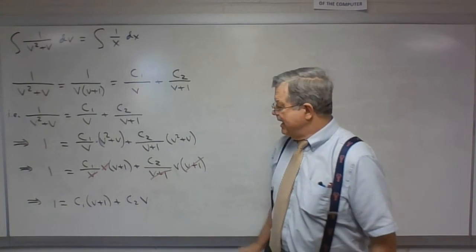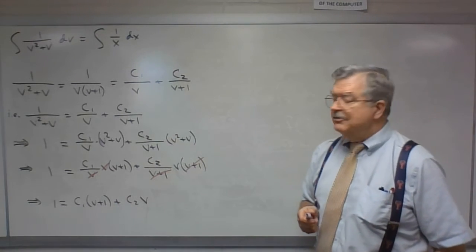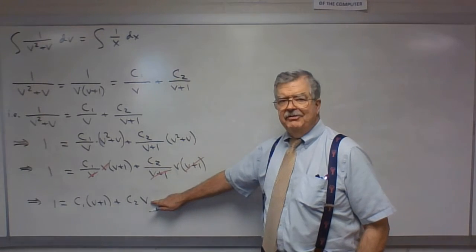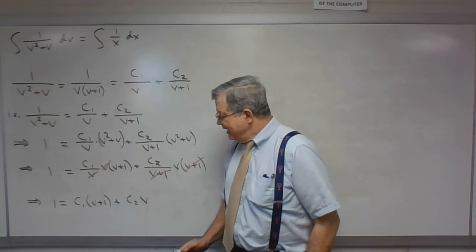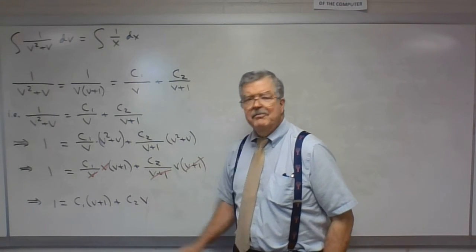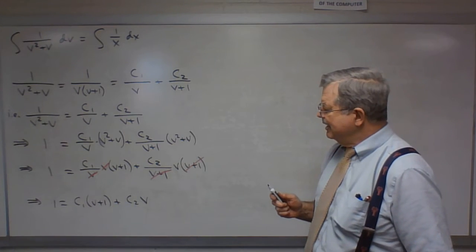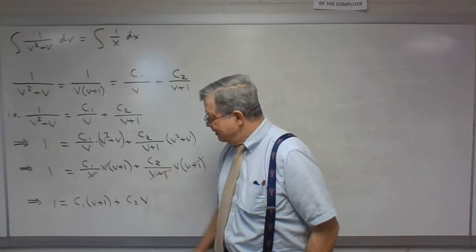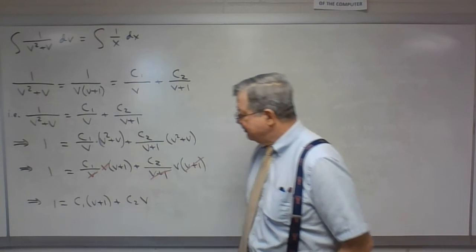Okay, I like this. And I'm going to solve for the unknown constants C1 and C2 by substituting in judicious choices of V. I'm going to pick values of V that will make either this term disappear or this term disappear, in which case I can solve for C2, or I'll make this term disappear and I can solve for C1.